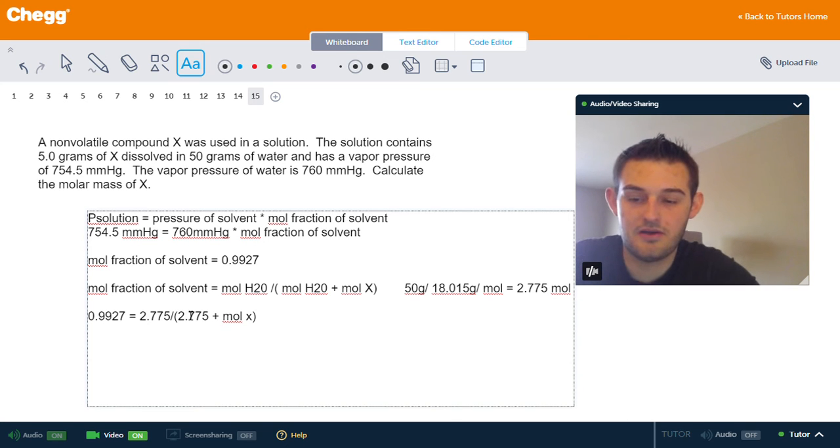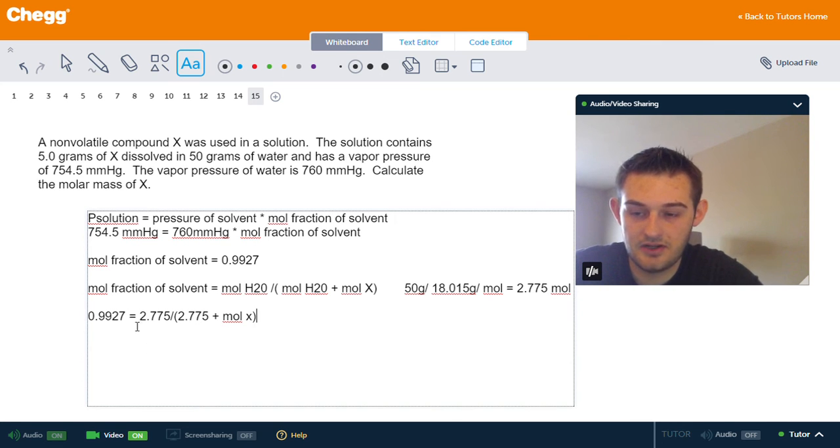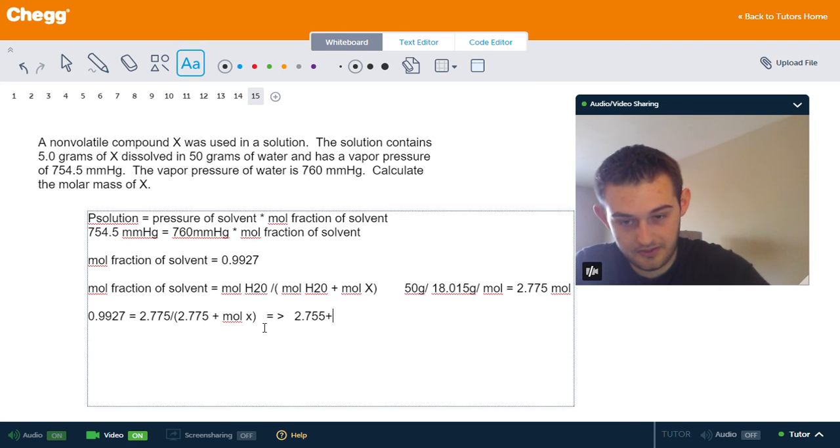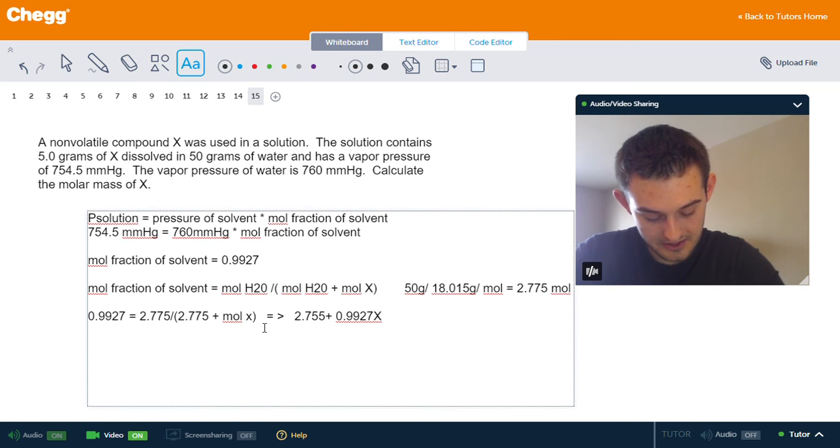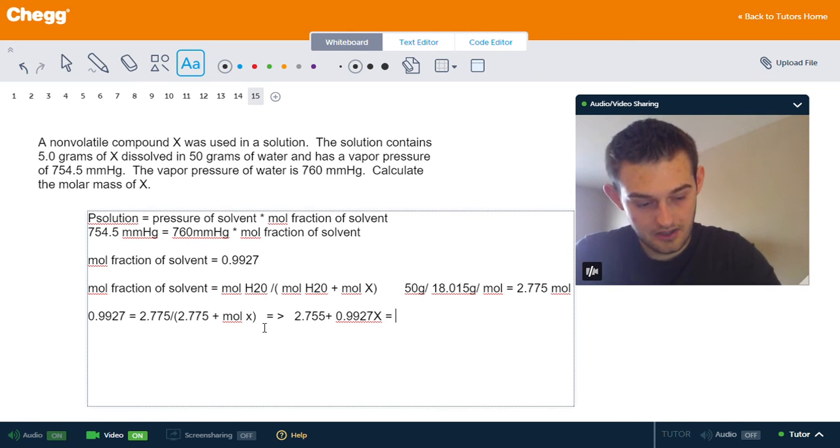Okay, so now I'll multiply this number here by the 0.9927 and distribute that to both terms, and then subtract. Let's just go ahead and do that. So that will give me this here, 2.755 plus 0.9927. I'm just going to call this X for the moles of X, and that is going to equal 2.775.